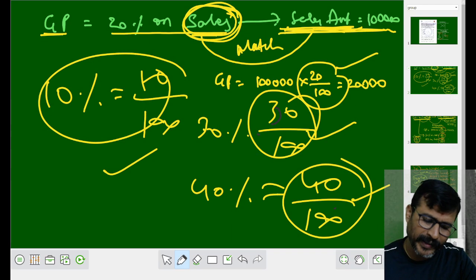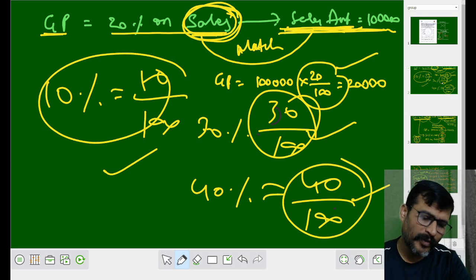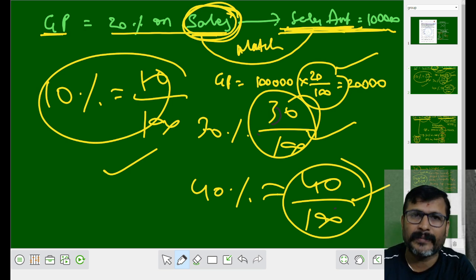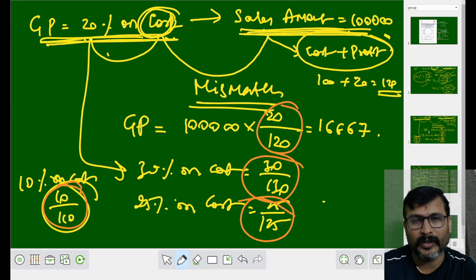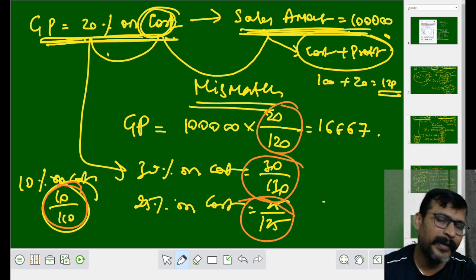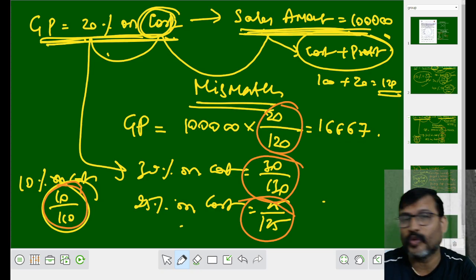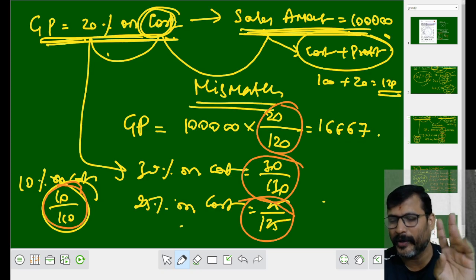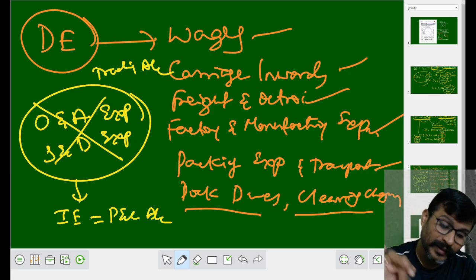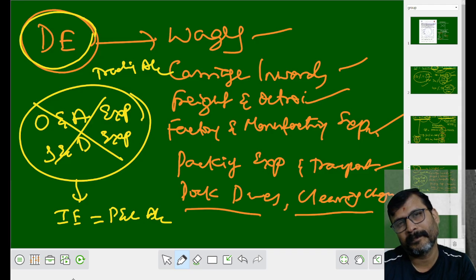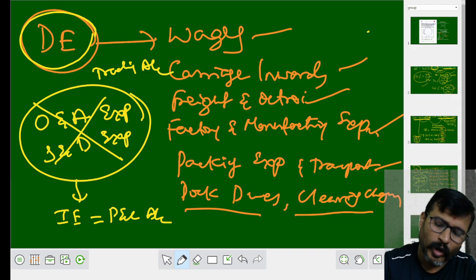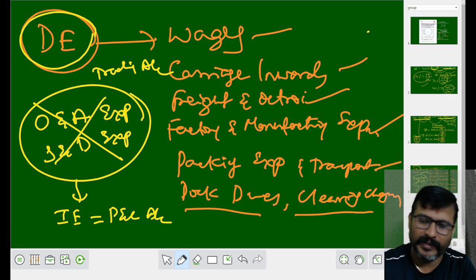One, when there is a match, profit is given on sales, you know the sales amount, we have to take by 100. If the profit is given on cost, you know the sales amount, we have to take by 120, by 130, by 140, by 110, by 105. If it is 2%, 2 by 102. The second point you need to make a note of. Third one, what are the contents of direct expenses? You need to remember all these direct expenses which come in trading account.